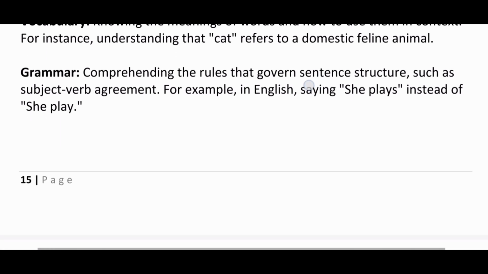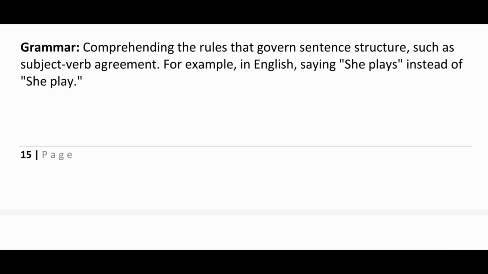Now grammar. Who doesn't know what grammar is? So comprehending the rules that govern sentence structure, such as subject verb arrangement. For example, in English, saying she plays instead of she play. So now grammar. In grammar there are lots and lots of things, right? Active voice, passive voice, tenses, pronunciation, noun, pronoun, verb, adverb, adjective, conjunction, interjection.